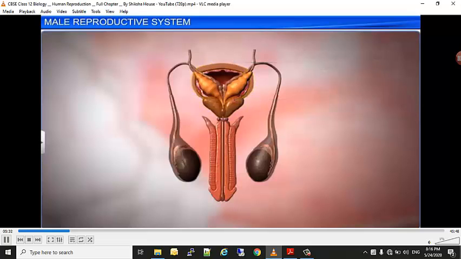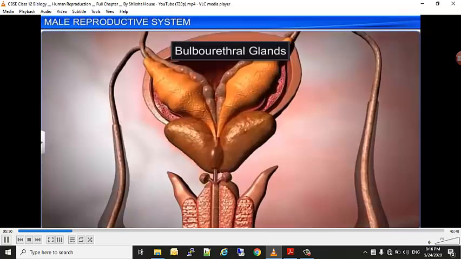The prostatic fluid contains calcium, nitrate, and phosphate. The bulbourethral glands, or Cowper's glands, are pea-sized structures lying posterior to the prostate gland at the base of the penis.